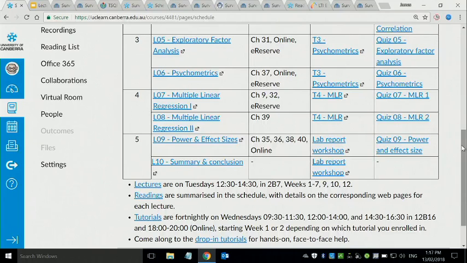Lecture 7 and Lecture 8 then are on multiple linear regression. So you may recall that regression is where you use one variable to predict another variable. With multiple linear regression, we use several predictors of one outcome. I'll talk a bit more about that in shoots, but for the lab report, you need to do one factor analysis and one multiple linear regression.